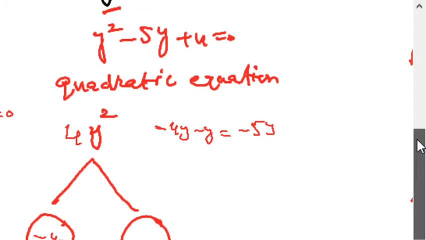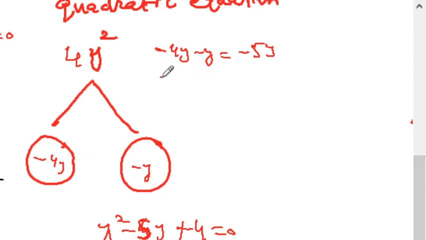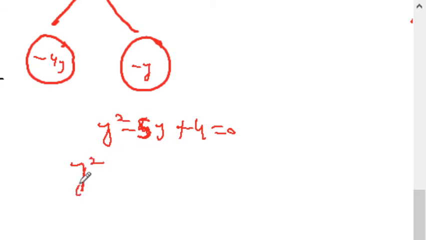So I can replace it. The expression was y square minus 5y plus 4 equal to 0. Replace minus 5y with minus 4y minus y: y square minus 4y minus y plus 4 equal to 0.